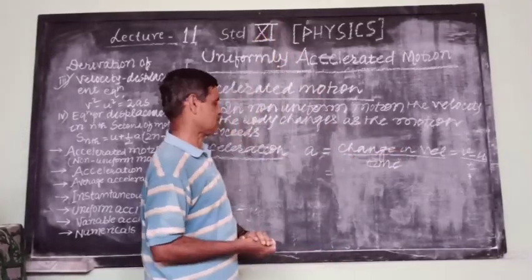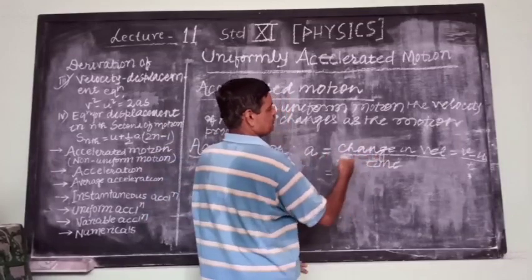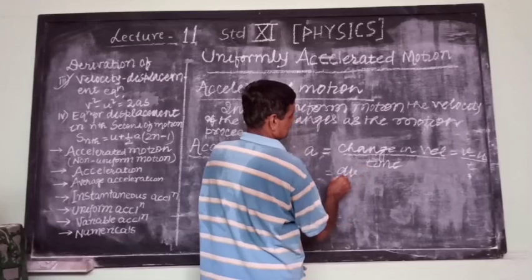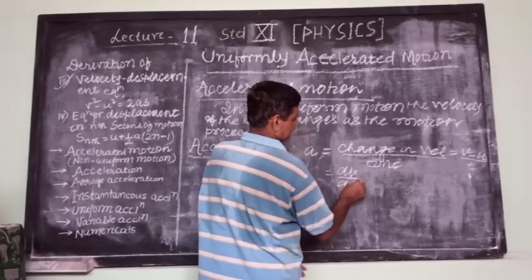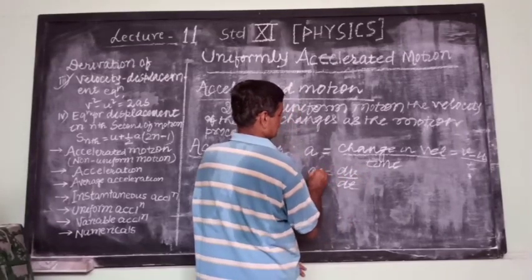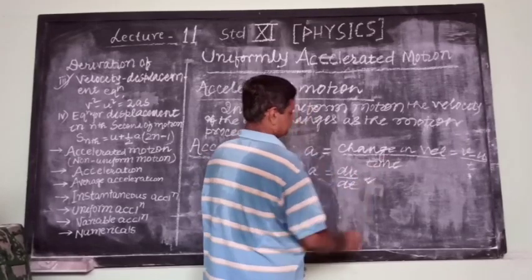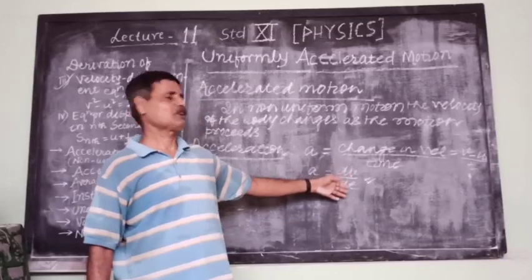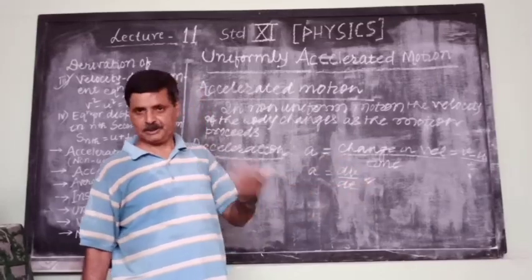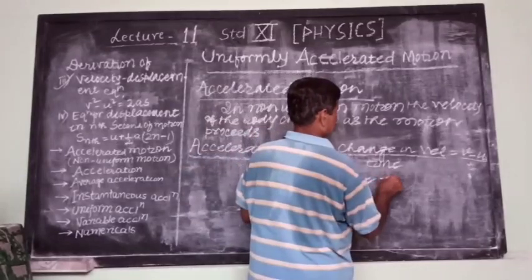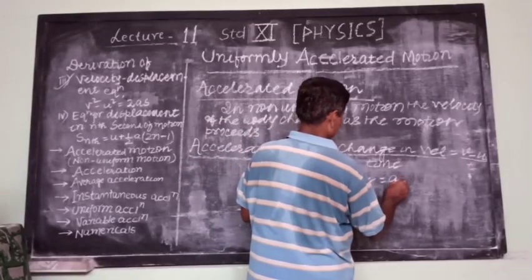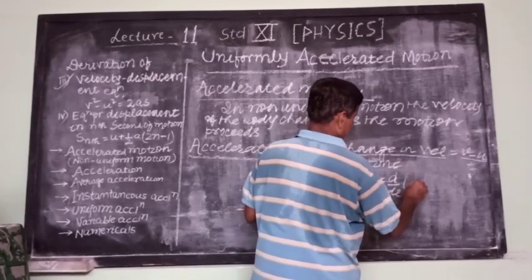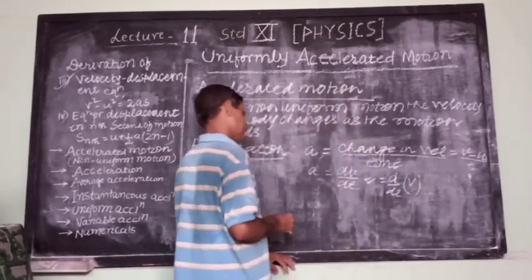Applying the calculus method, the rate of change of velocity, in the language of calculus, we can write dv by dt. Acceleration means rate of change of velocity. You can also write d by dt of v. Whenever it requires, you can write it in many forms.